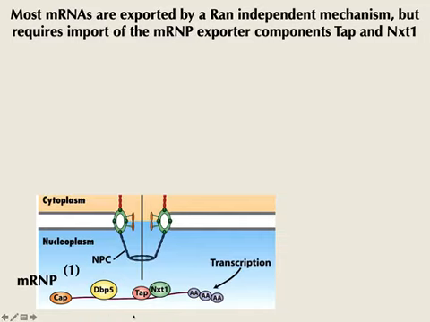The kinds of proteins that associate with newly formed RNAs in the nucleus include the NXT1 and TAP1 complex, which are the export proteins themselves, and DBP5, which is a helicase. So the first concept I want to drive home is that RNA is always associated with proteins, right? In other words, transporting RNAs boils down to transporting proteins.